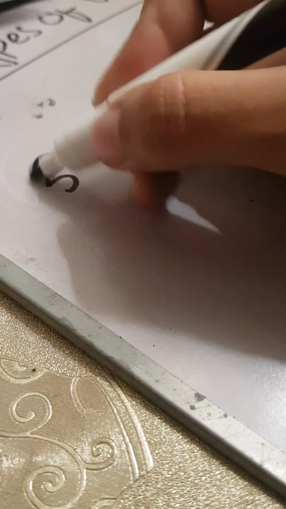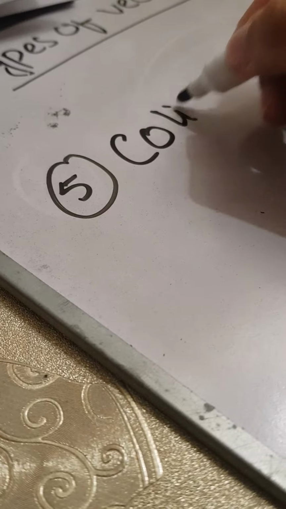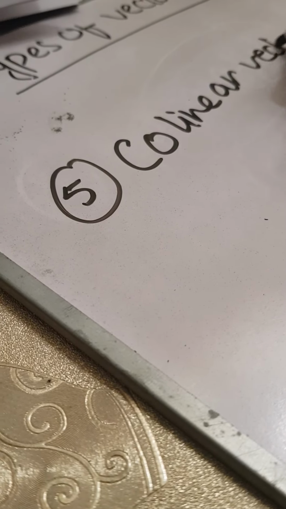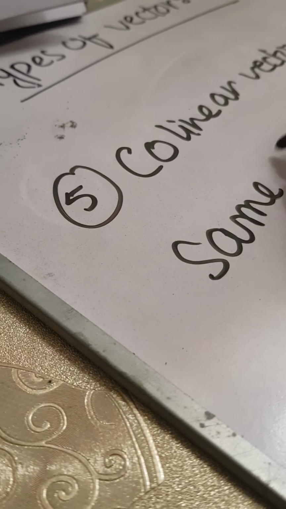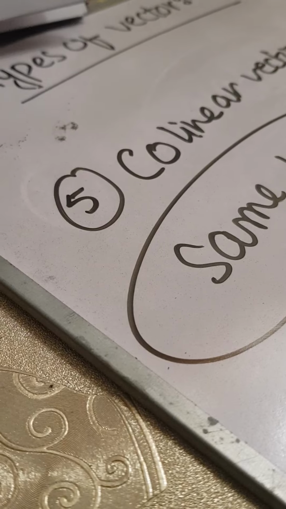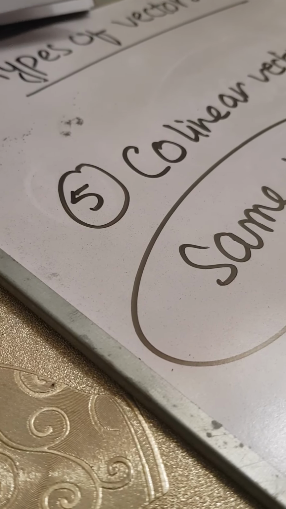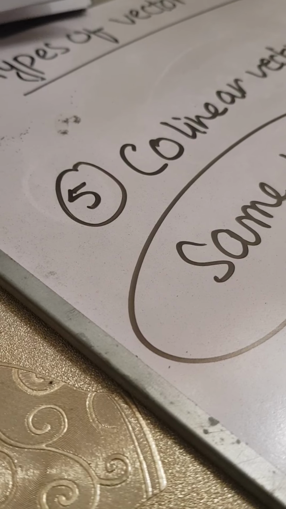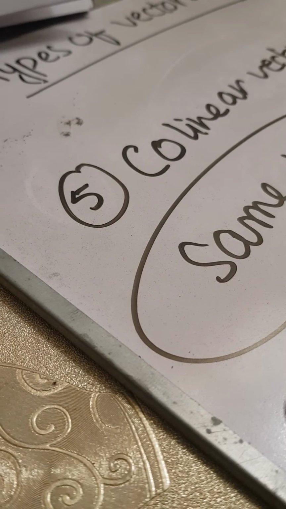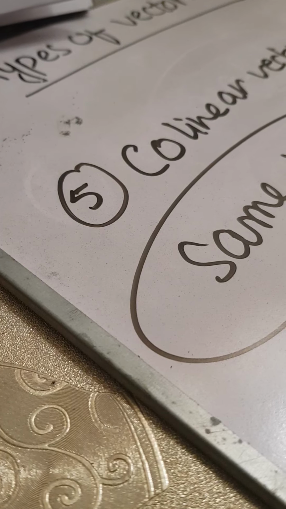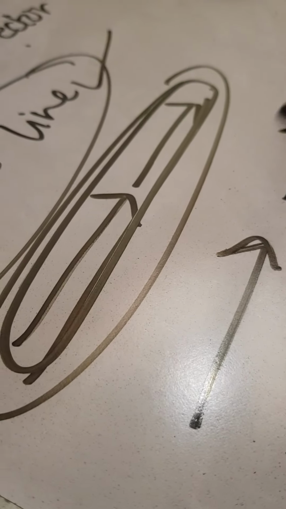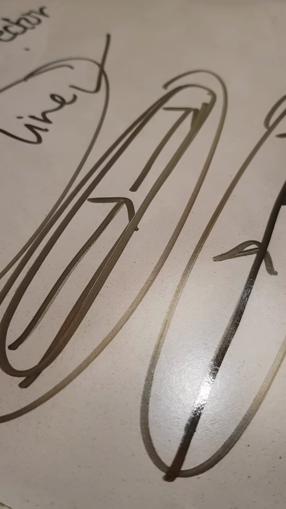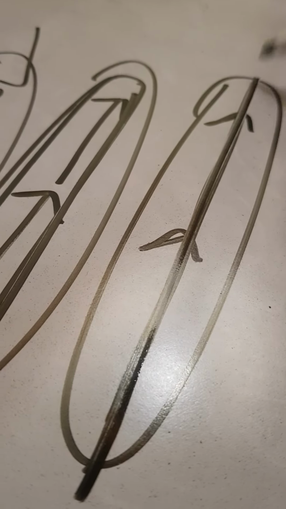And then in fifth place we have the collinear vector. What are collinear vectors? Two vectors that lie on the same line are known as collinear vectors. For example, this one and this one, they both are collinear vectors because they are lying on one and the same line.